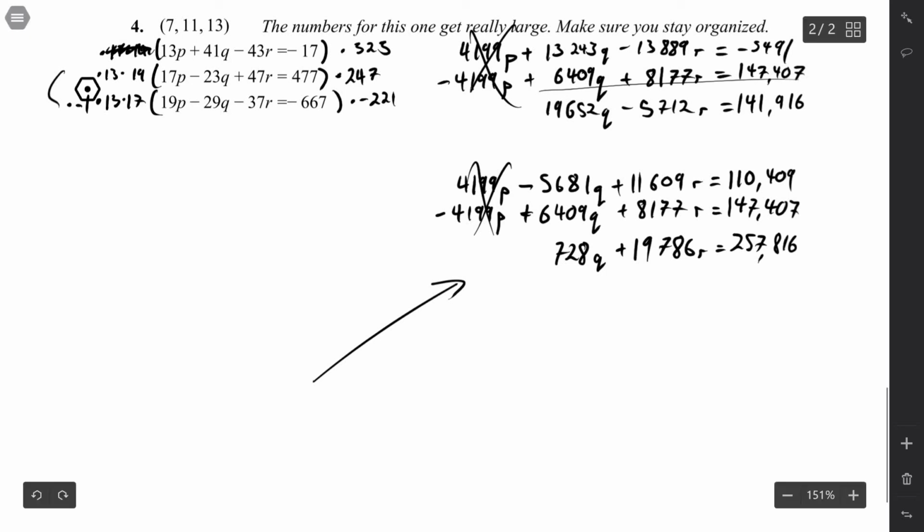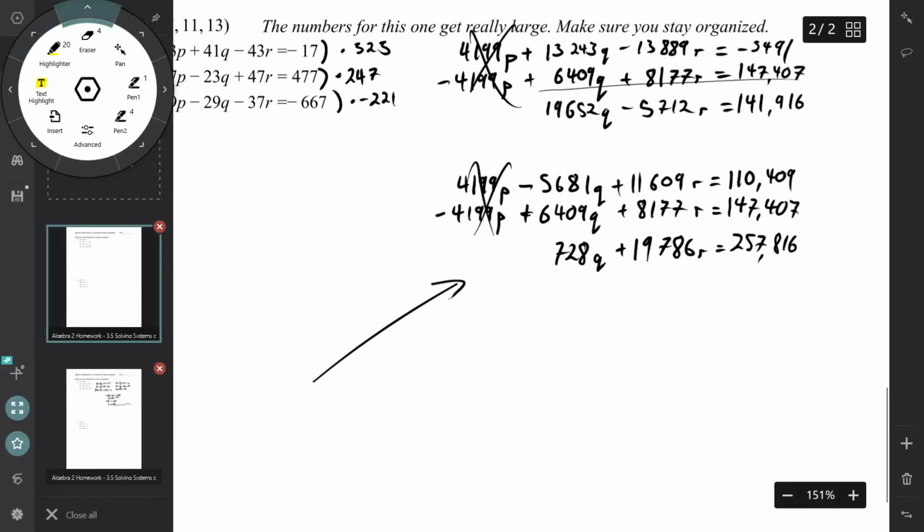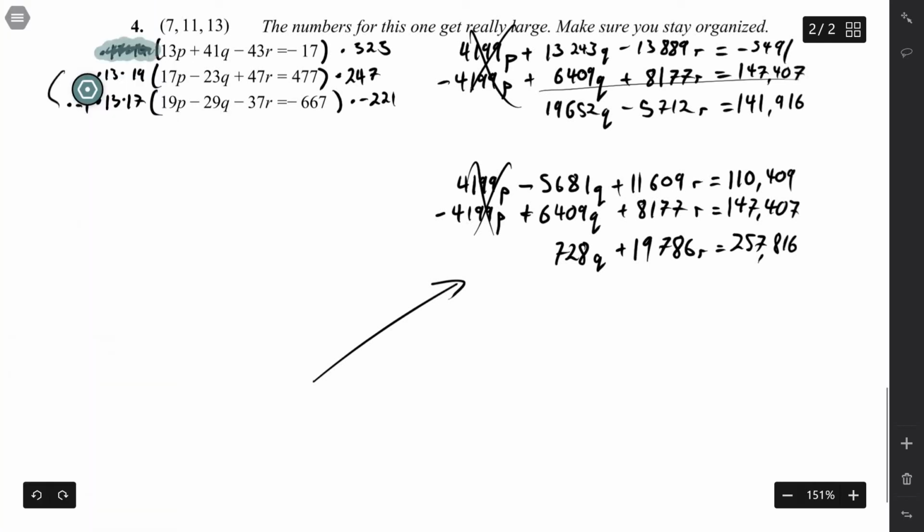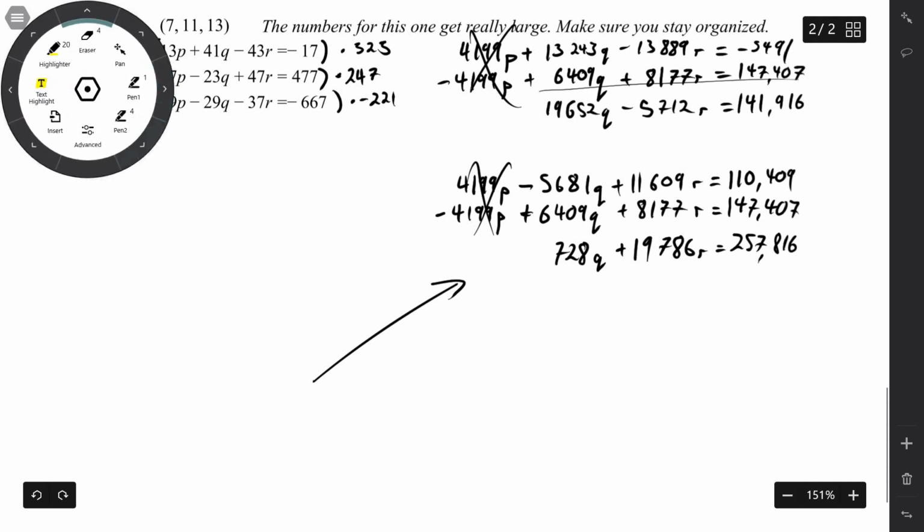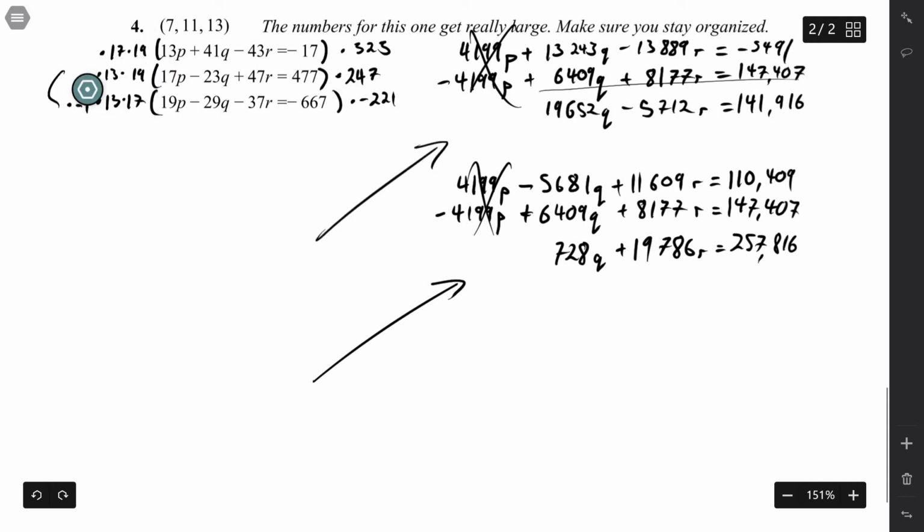Same thing, let me actually kind of uncover this. Everything on the top, these top two equations, right up here, everything up there was multiplied by 19. So we can divide, I believe, all of those numbers up there on the top by 19, and we'll get to a more complete number. So let's do that real fast.